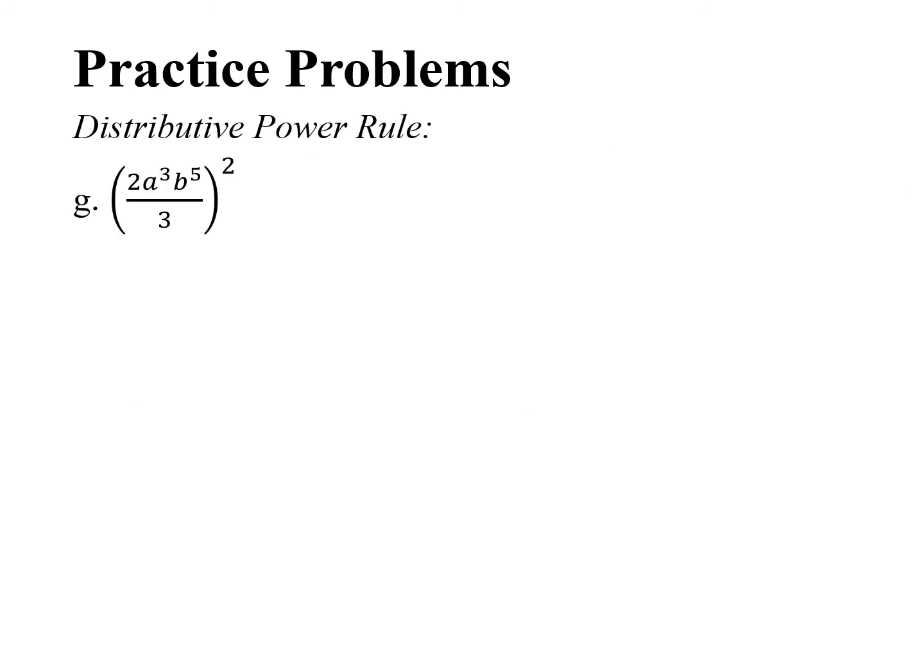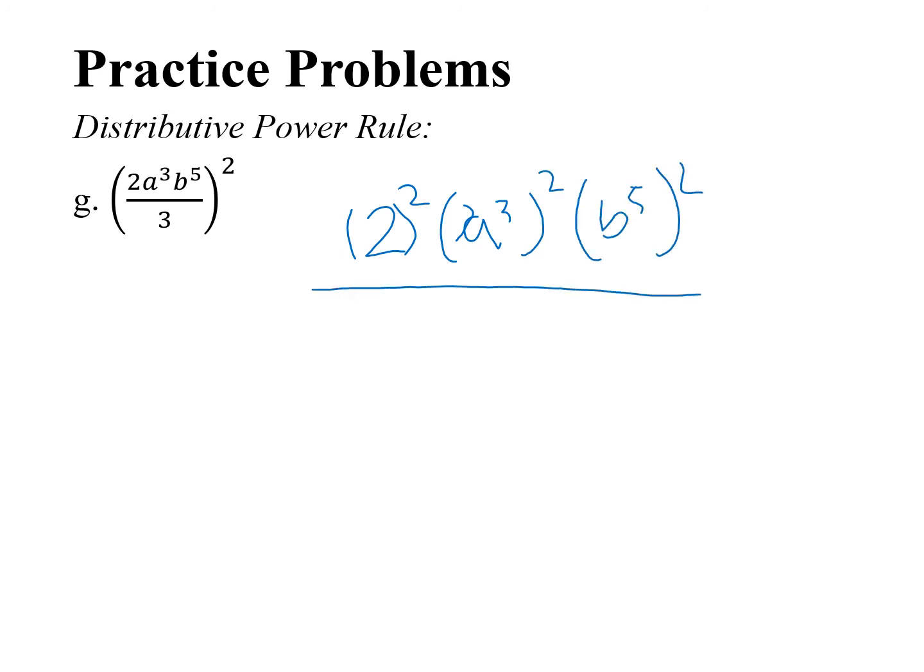Let's practice again with the distributive power rule, this time looking at it with a fraction. The distributive power rule I could write out in expanded form and then simplify, or I could use my rule here to distribute that squared symbol to each piece. I get 2 squared times, a cubed squared times b to the 5th squared all over 3 squared.